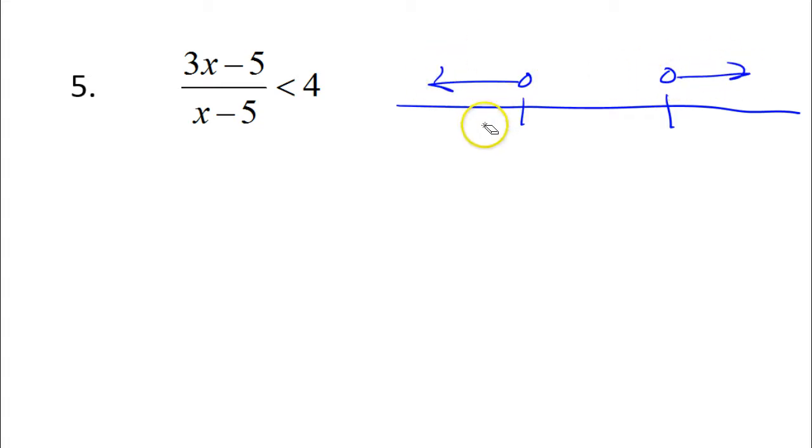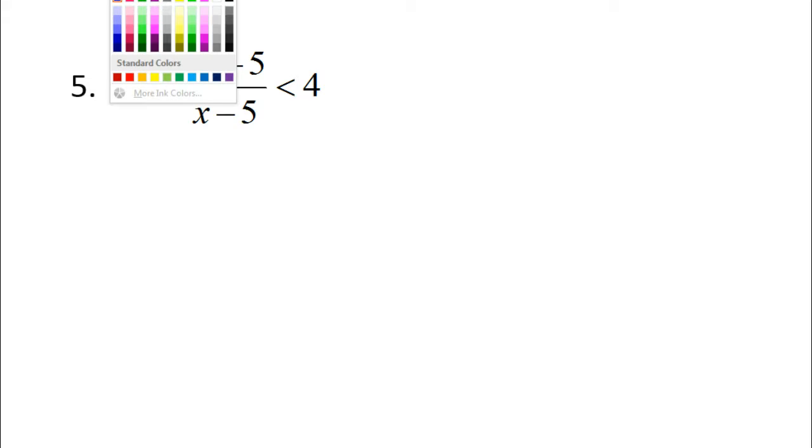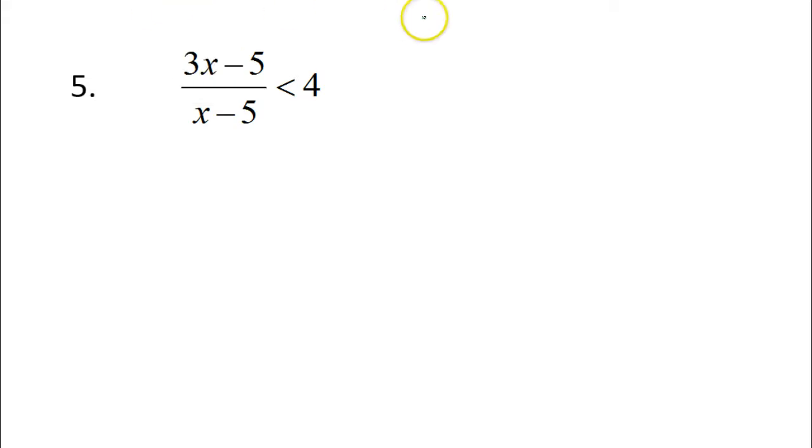Now, the question though is, how do I find out what numbers go on this number line, what the critical values are? The critical values actually have two sources. One thing that goes on the number line will be any excluded values. So for example, at a glance here, I see that x cannot equal 5.